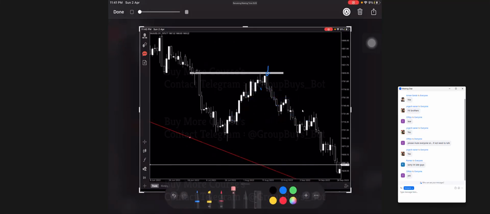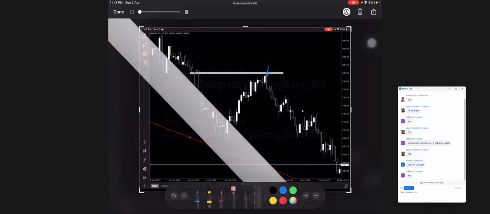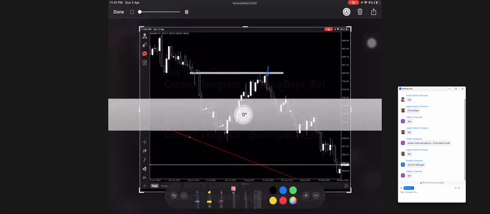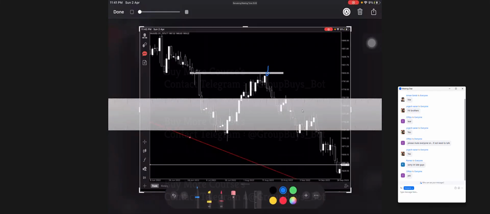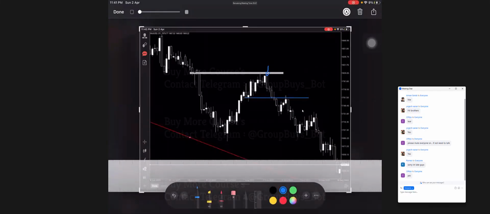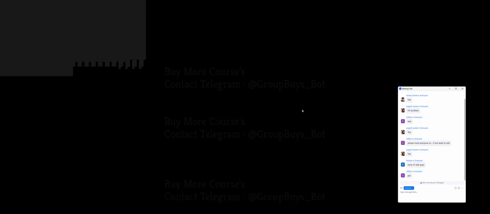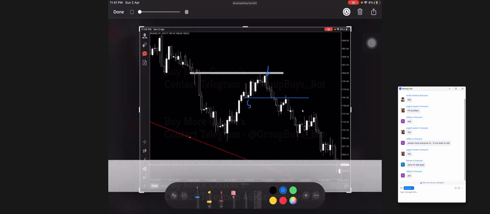I hope you guys see this one. If this support breaks, you guys will hold to the third TP.